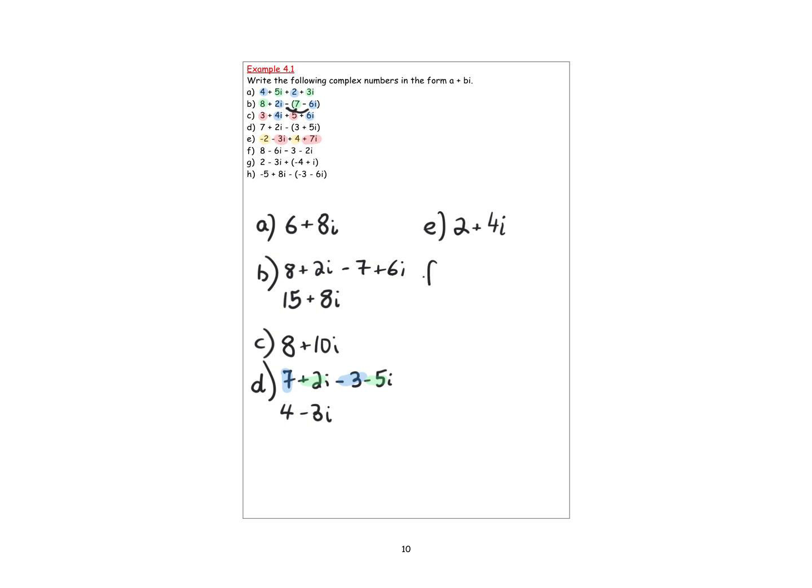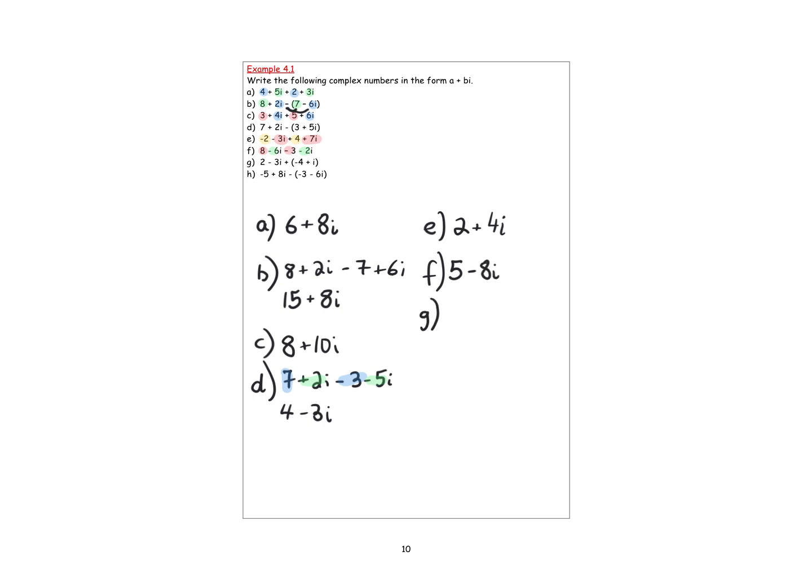F comes next, and again F is very similar to the one above. We have 8 and minus 3 as our reals, and we have minus 6i and 2i as our imaginary parts. Adding the real parts together, we have 8 minus 3, which will give us 5, and the imaginary parts, we have minus 6 minus 2, which is minus 8i.